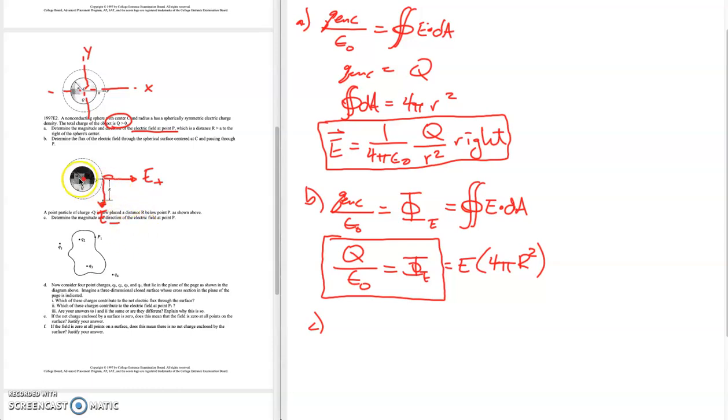And since this distance is R and this distance is R, and this is a Q and this is a Q, if we take a look back at A, we have 1 over 4 pi epsilon naught Q over R squared, and the R's are the same and the Q's are the same, which means that the overall size of these two vectors is the same. So that means the sum total of those two vectors is going to be down and to the right at 45 degrees.